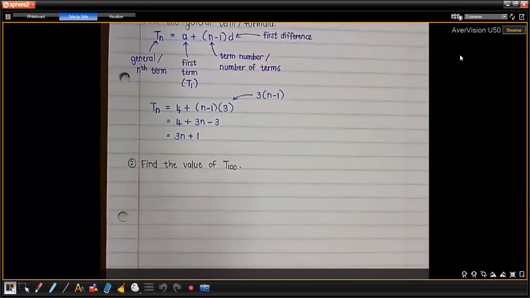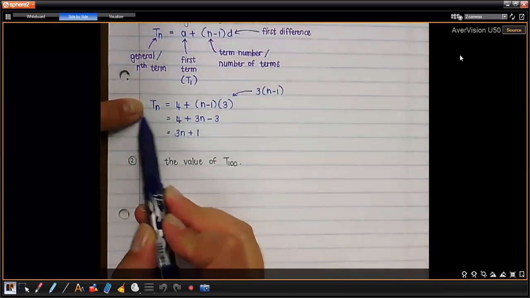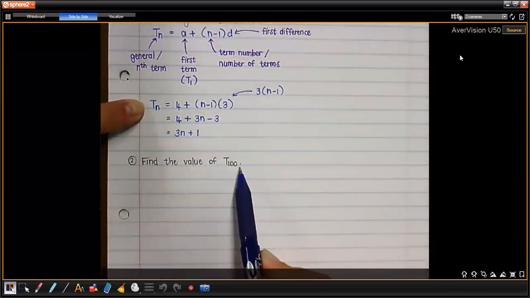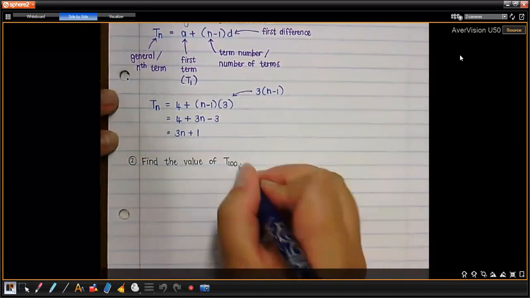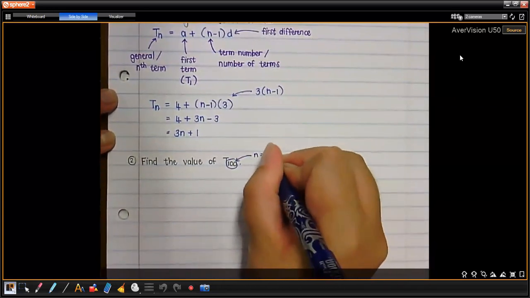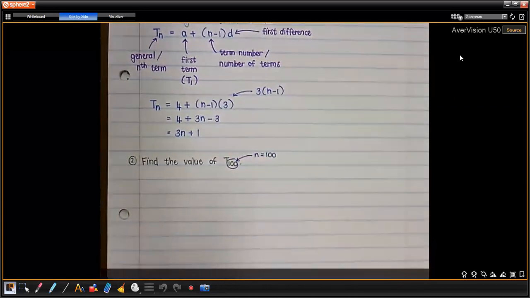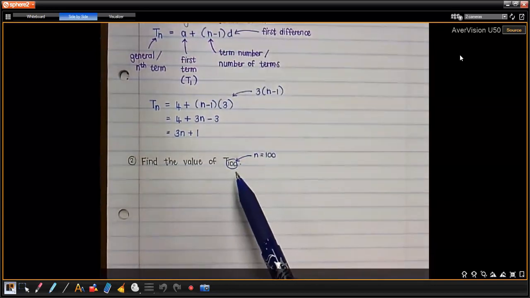I'm just using 100. So guys, we have a formula for term n. If they're asking me for term 100, what is my n value now? 100. They're giving us the n value by asking us for term 100. The n value is the term number, term 100.